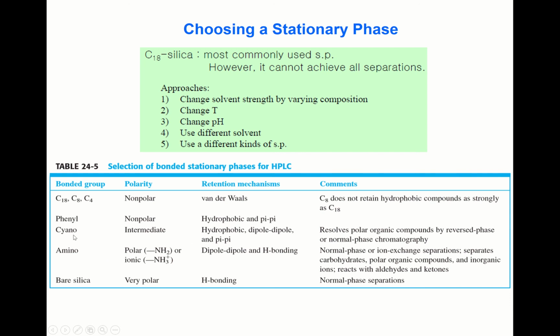So if a solute has a dipole, it can be well separated by this column. This one resolves polar organic compounds by reversed phase or normal phase chromatography. This column is good for polar organic compounds.